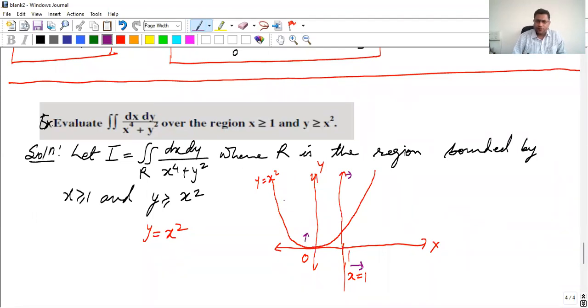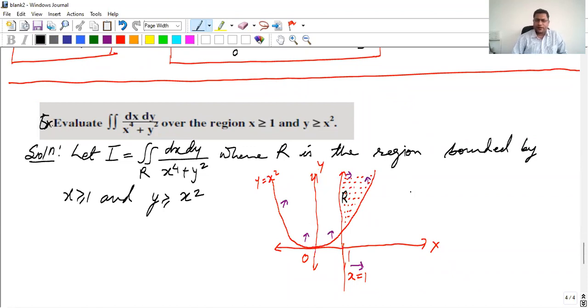So the region is above this parabola. So exactly the region where x is greater than 1 and y is greater than x square is the region R that we want.